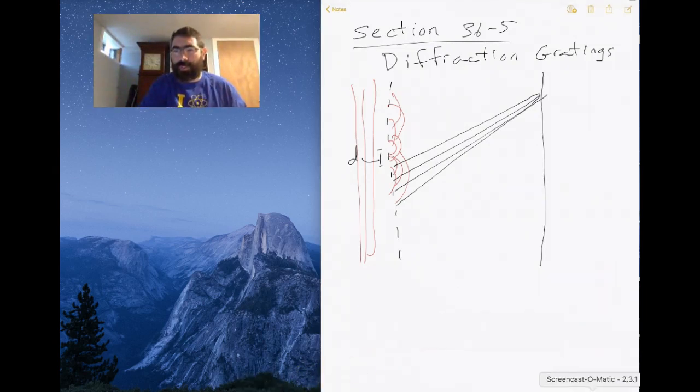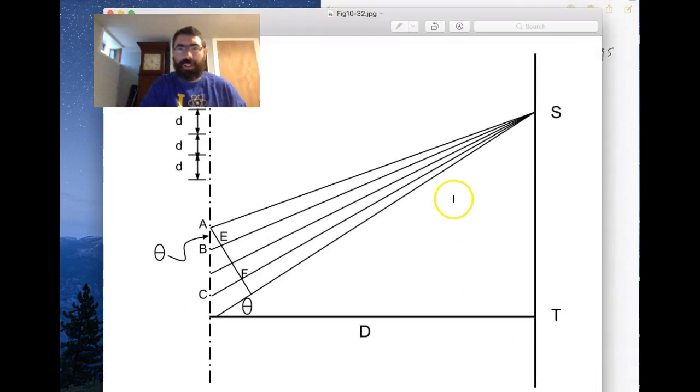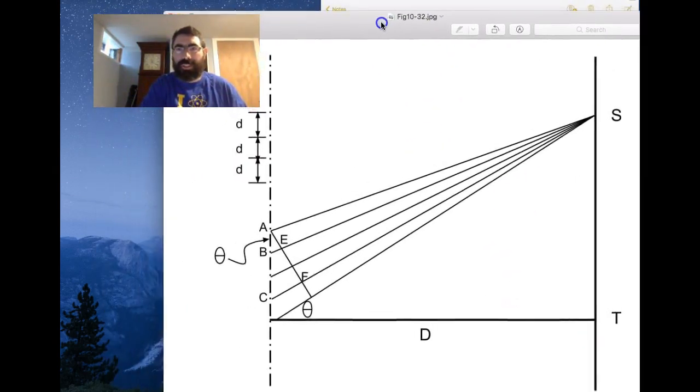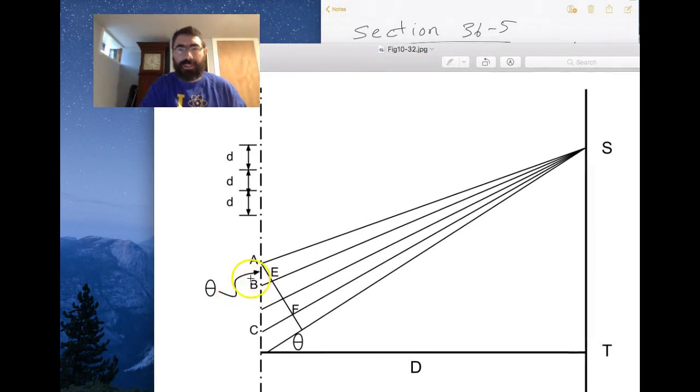And so here I've drawn a much better picture of that, where you see the light.